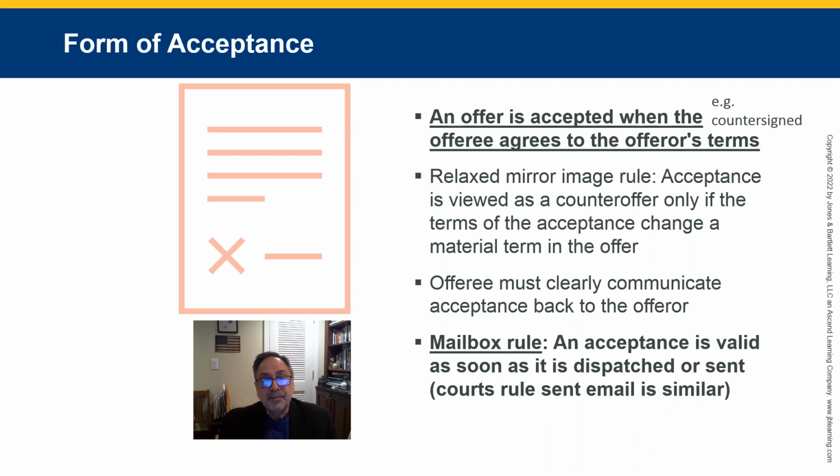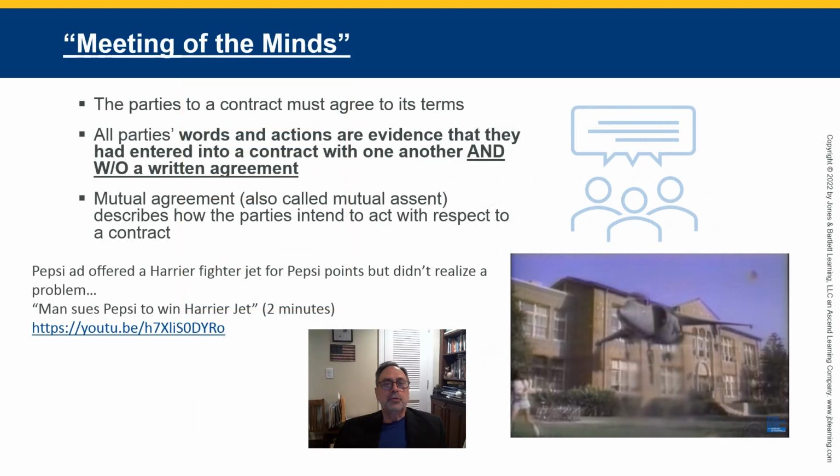Once it leaves my system for your system, at that point it's a valid open contract for someone to sign, countersign, and make valid. During the contracting process, there has to be a meeting of the minds, that both parties have an understanding of what the transaction is and what the terms are, whether written or not written.